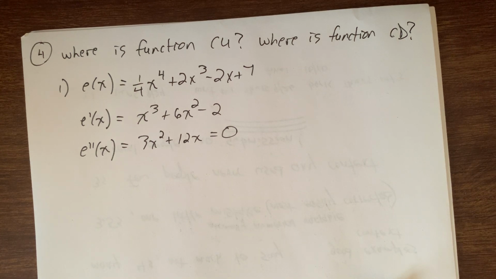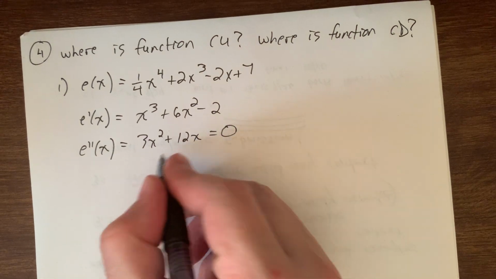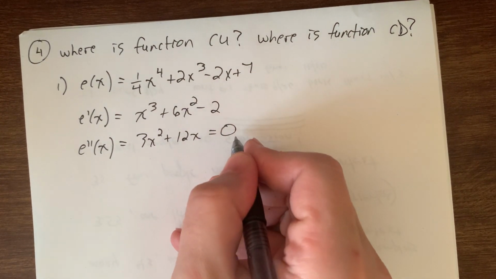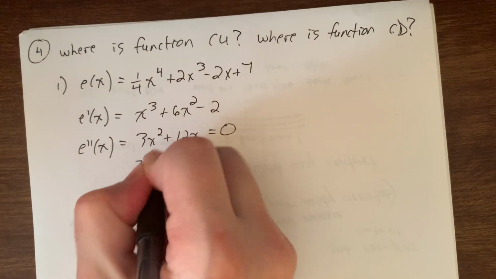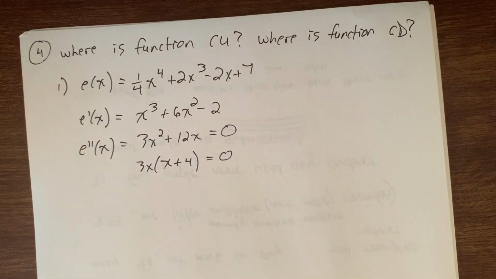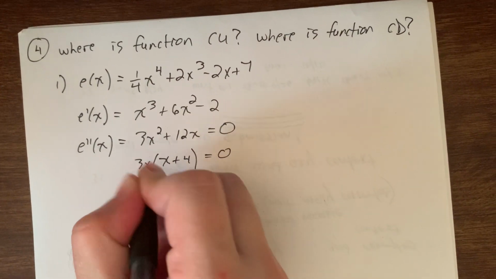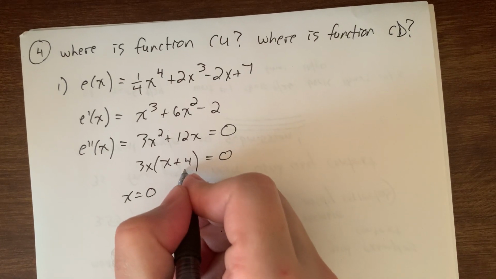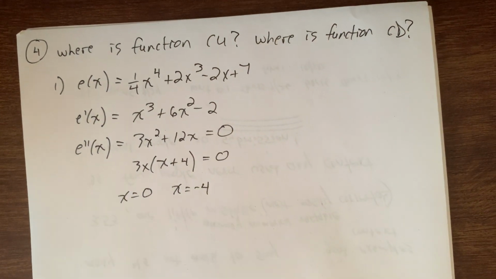Just like we were seeing with the first derivative equaling 0 and being undefined, there's no denominator, so I don't have to worry about the undefined portion. But just setting it equal to 0, well, still have to factor a little bit. 3x times x plus 4. So I'll get two important x values. 3x equals 0 gives me 0, and x plus 4 equals 0 gives me negative 4.